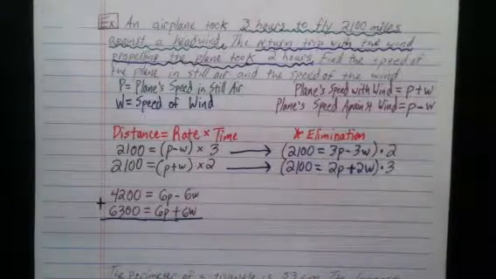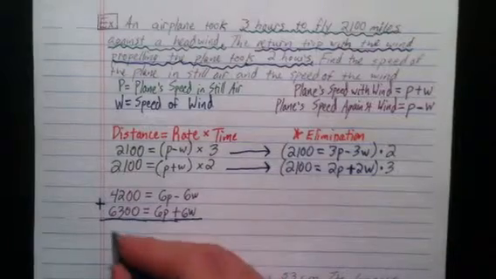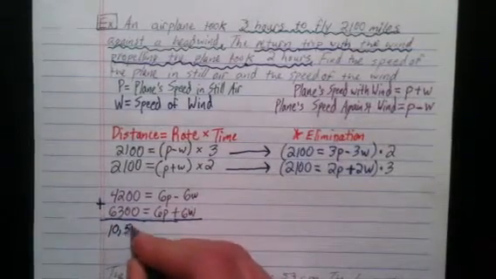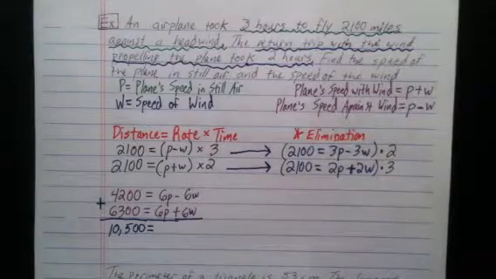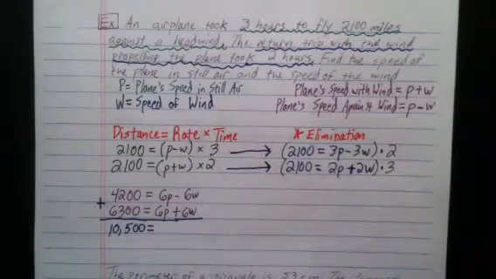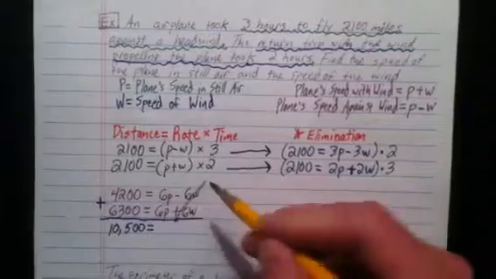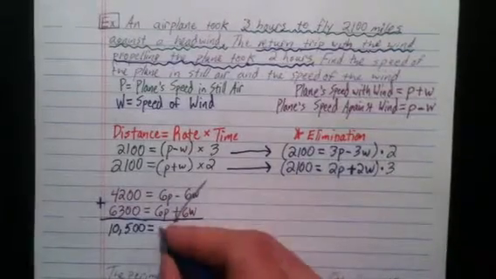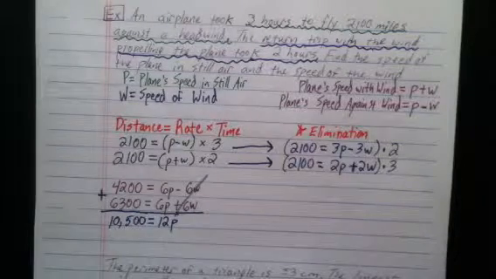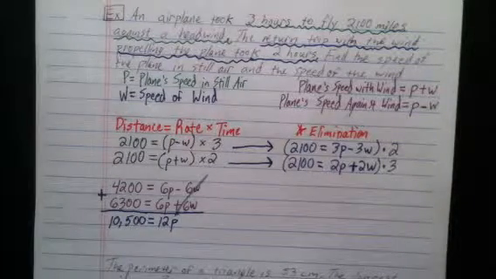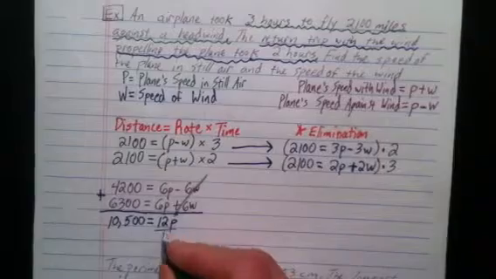Okay. 4200 plus 6300 gets us 10,500. And the w's will cancel, and we're left with 12p. Alright, so now we can solve this equation for p, dividing by 12 on both sides.